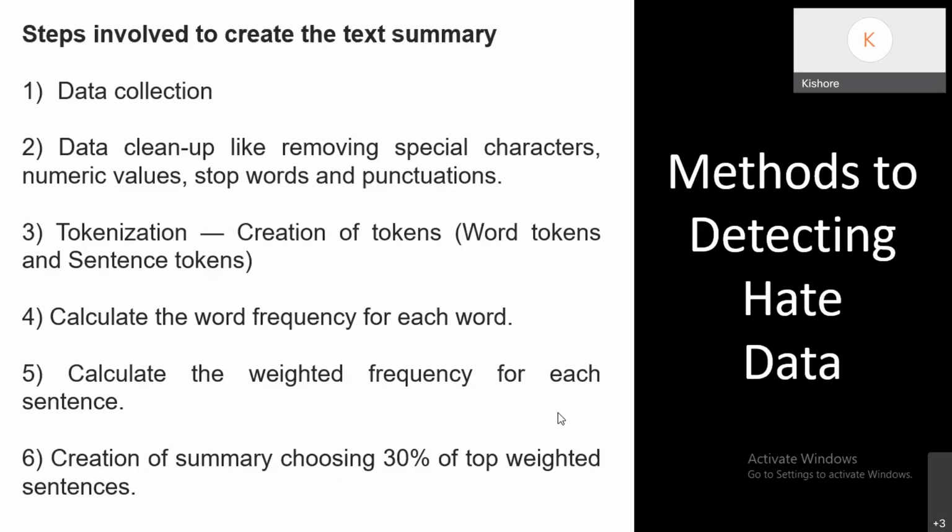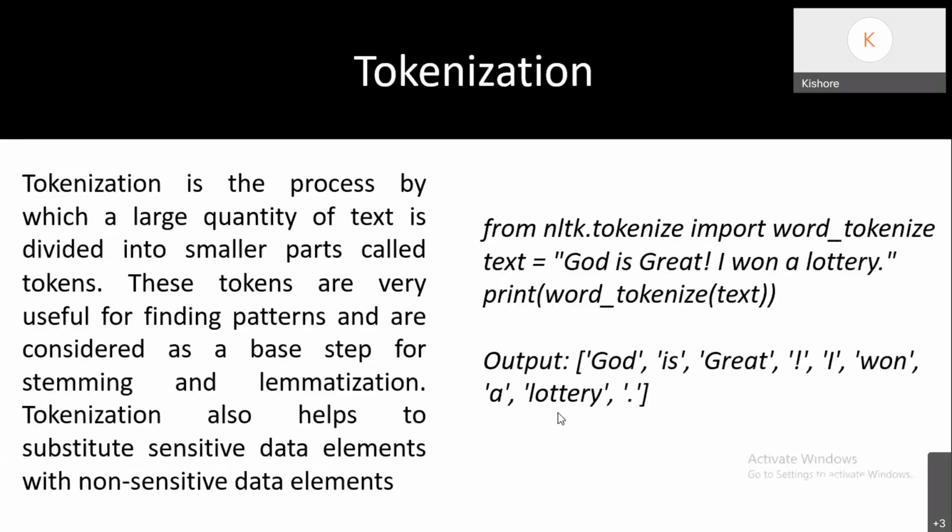Tokenization is of two types: it can be done on words, and it can be done on sentences. Tokenization is a process by which a large quantity of text is divided into smaller parts called tokens.